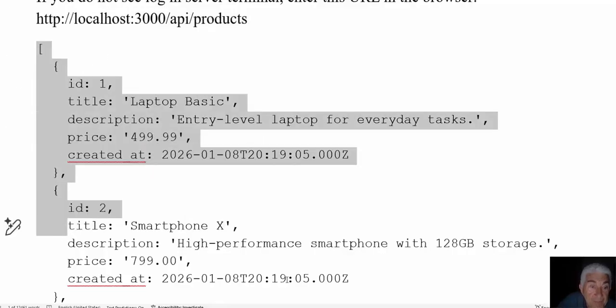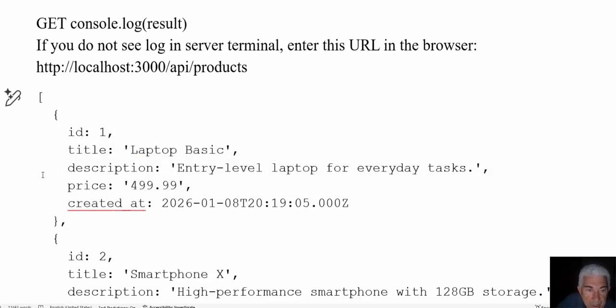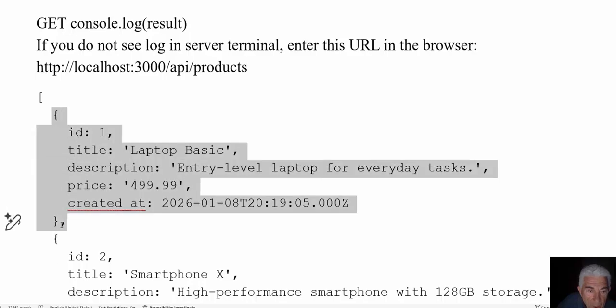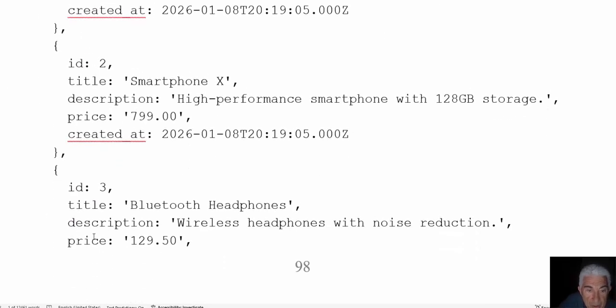Here it is an array of objects. The square brackets are the array, and inside it we have curly brackets, an object.